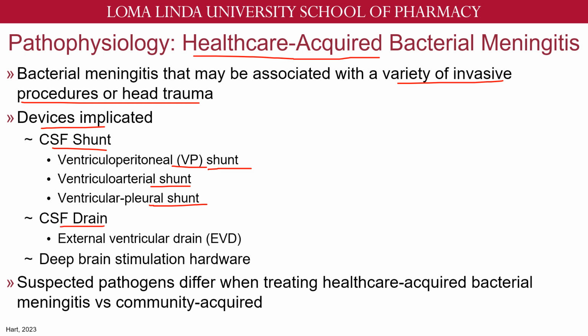Or we can just drain it by using an external ventricular drain or an EVD. And essentially, the difference between a drain and a shunt is that the shunt will direct the fluid into somewhere else in the body, whereas a drain will drain.